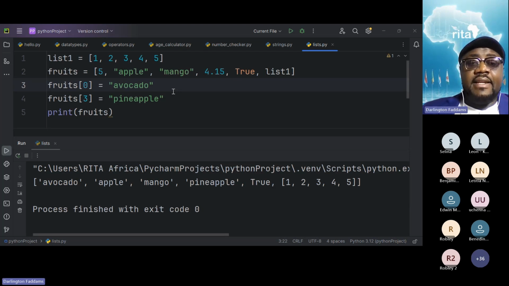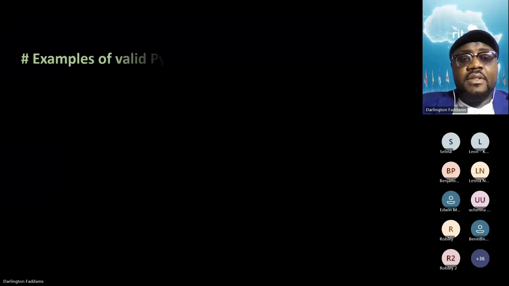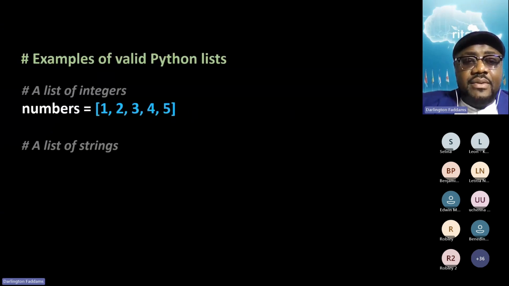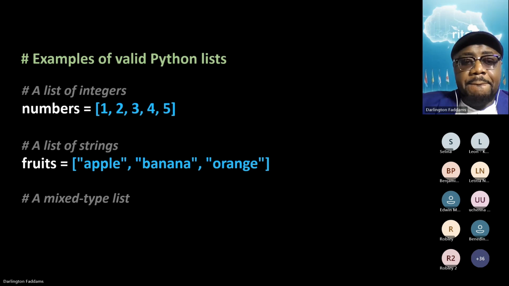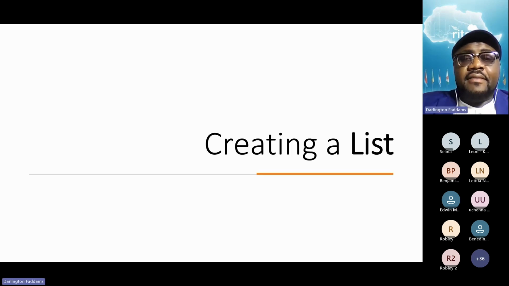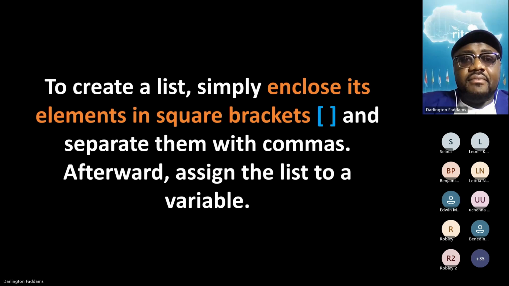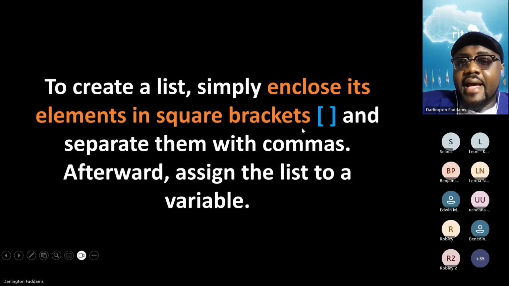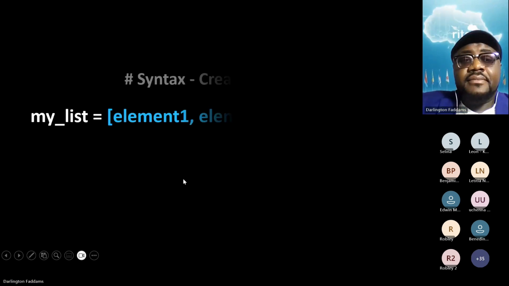So another feature of lists that we can look at, first of all, is how to enclose it using square brackets, and you separate all the items with commas.